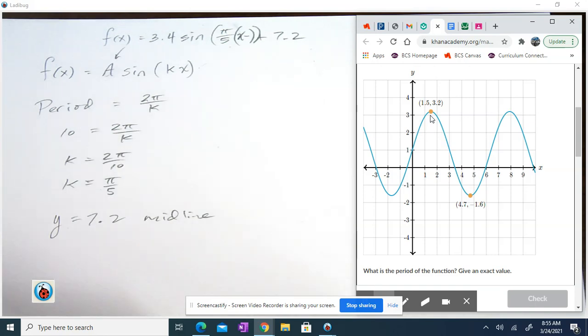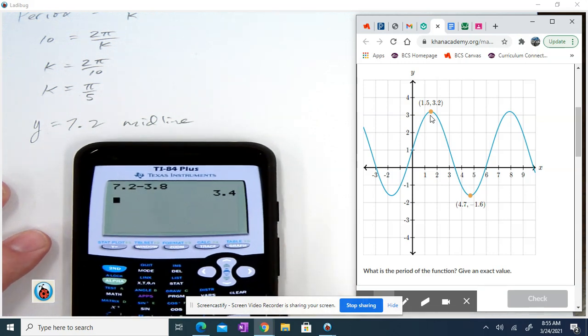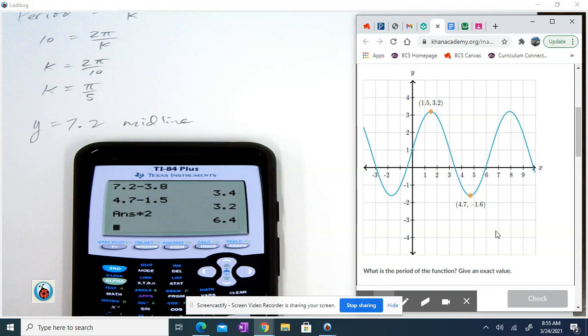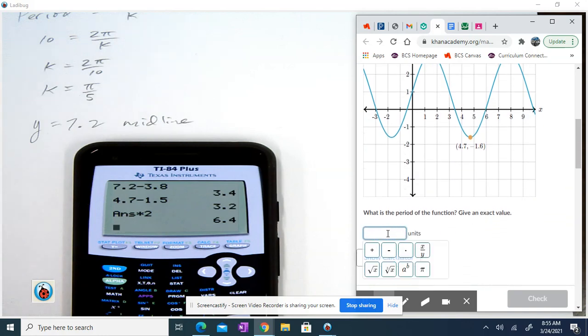So I would just do 4.7 minus 1.5 and then double it. So 6.4, that's the distance from peak to peak or trough to trough. Hopefully that's the right answer, 6.4.